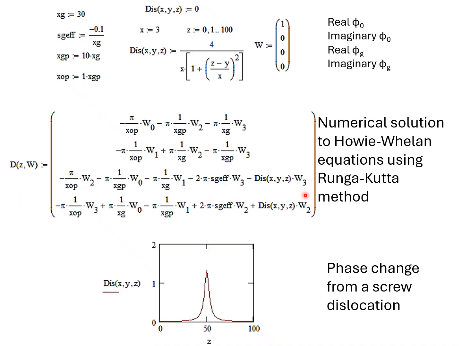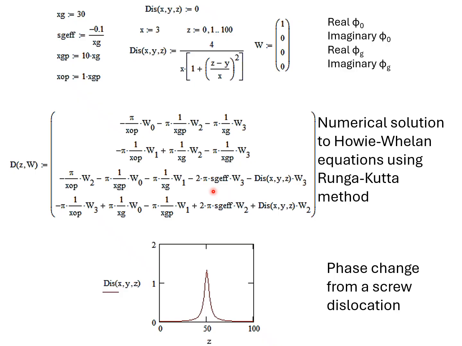These parts contain the effect of the dislocation. In this particular case, sorry, I've included a dislocation, and this is the equation that defines the rotation of the dislocation planes, the effect of the strain from the dislocation has on the phase factor.